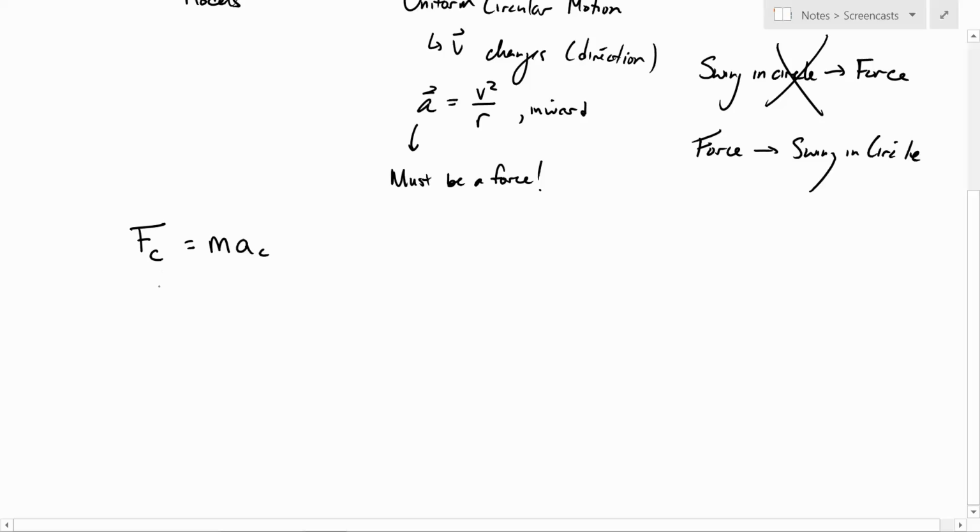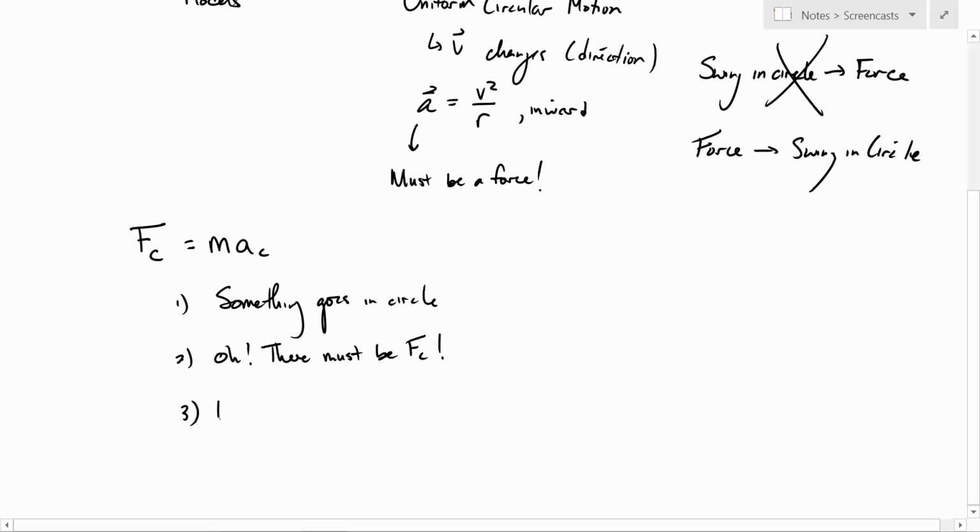The process goes like this. You see something going in a circle, and you think, oh, there must be a centripetal force. That's not a question.